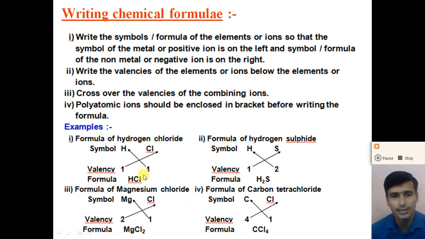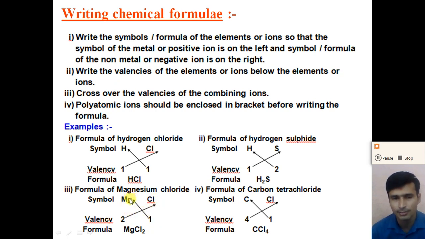The next example is the chemical formula of magnesium chloride. Magnesium has the symbol Mg and chloride has the symbol Cl. The second step is to write the valency: the valency of magnesium is 2 and the valency of chloride is 1. The third step is to cross over the valency and write the chemical formula.